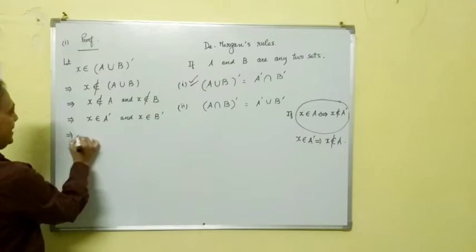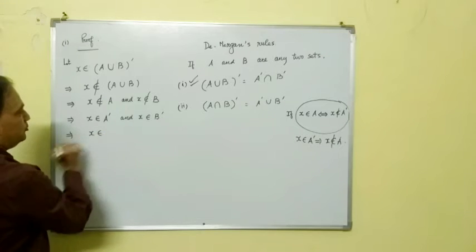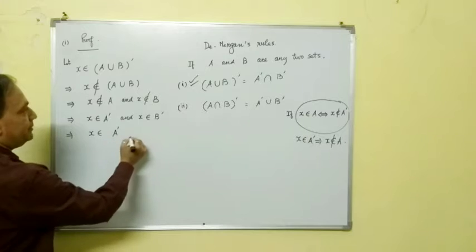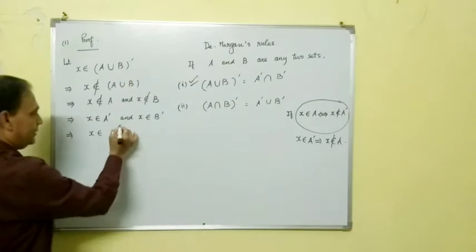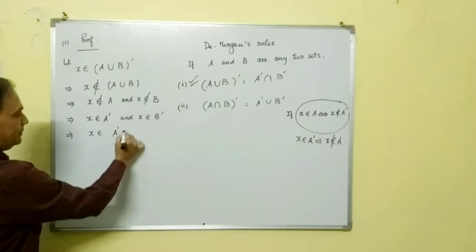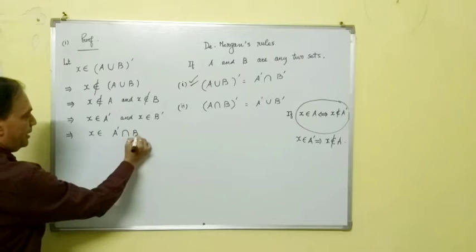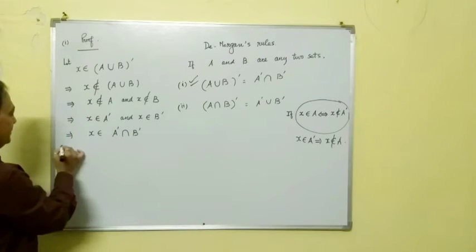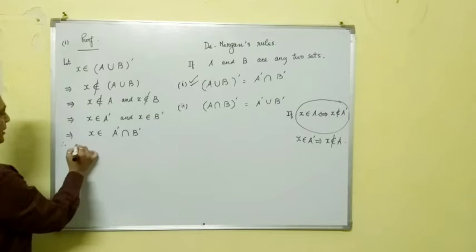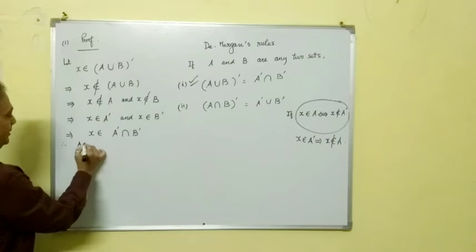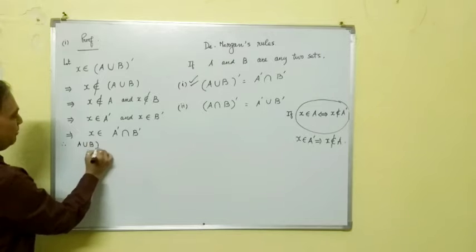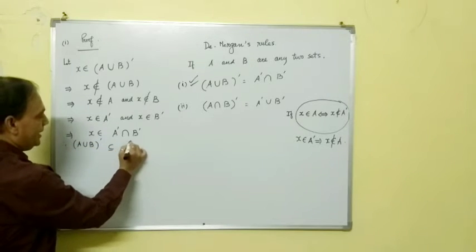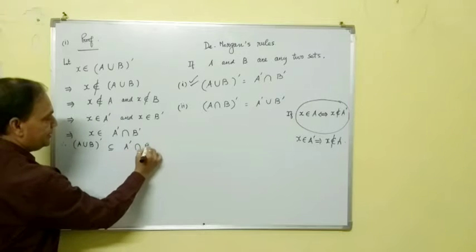This implies that x belongs to A complement intersection B complement. So what we have? Therefore, we have complement of A union B is a subset of A complement intersection B complement.